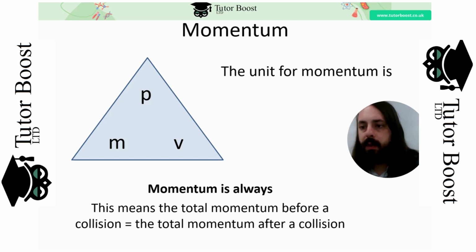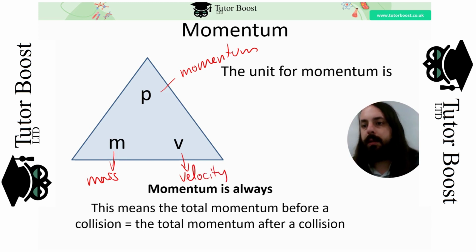Okay, so we have already covered this equation. This would be momentum. That's the mass. And that's the velocity. So, quick question. Is momentum a scalar or is it a vector?